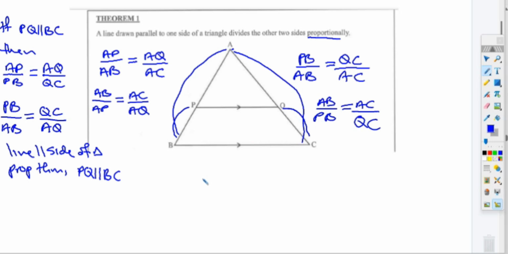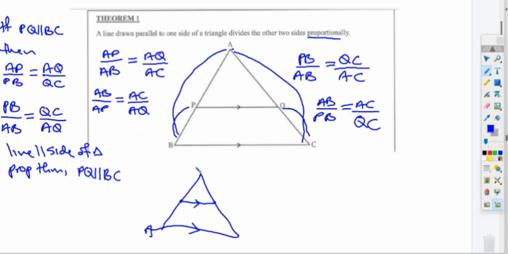If you remember from grade 10, you had what we were referring to as the midpoint theorem. Midpoint theorem is a special case of the proportionality theorem, right? It's a special case because it's only dealing with the midpoints, right?